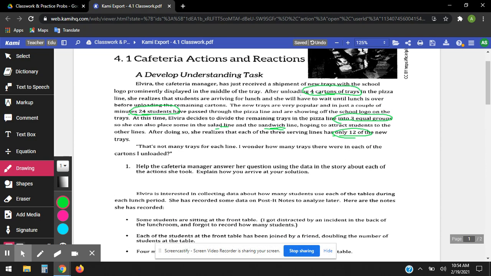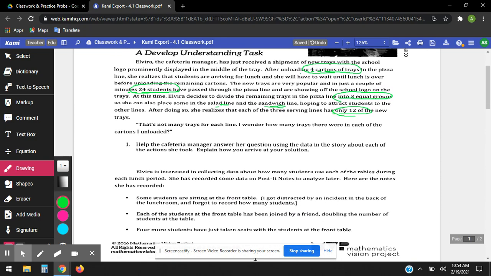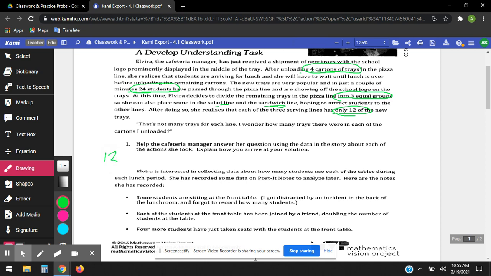So we need to help her figure out how to answer that question. Well, we probably want to work backwards a little bit in this, right? So she ended up with 12 trays in each of the serving lines. And we had how many serving lines? Three.